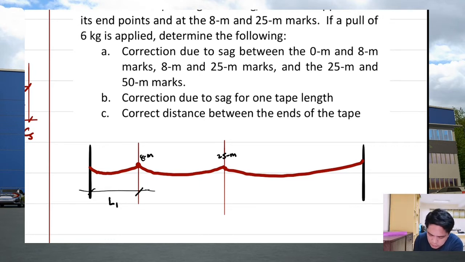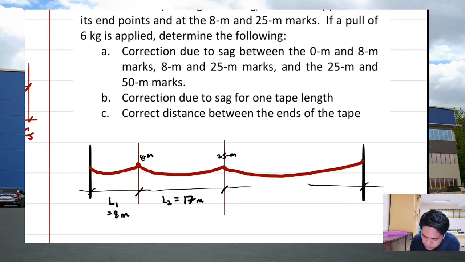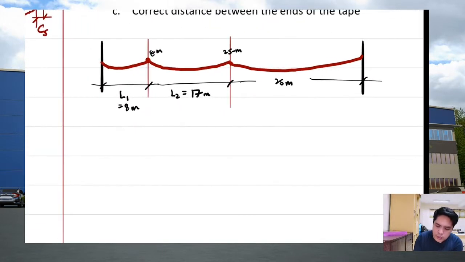And ito, let's call this L2, that would be 25 minus 8, di ba? That's 17 in meters. And this is 25 pa, kasi 50 meters yung tape natin. Let's call this L3.